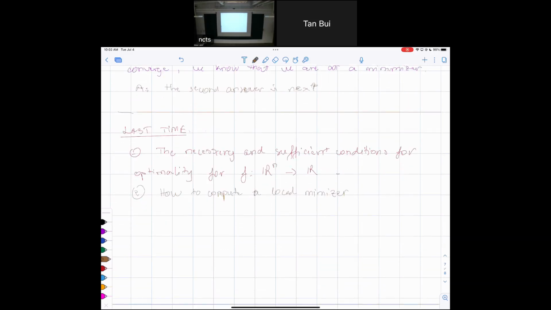And what we did is that we derived the gradient descent approach.